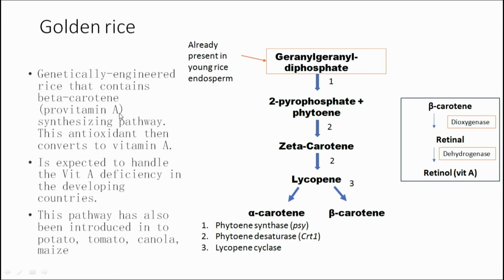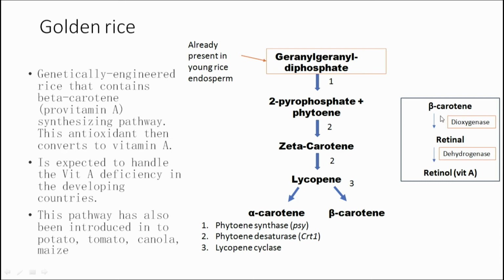There is a cluster of genes which is introduced into the rice crop, as a result of which it has the ability to make beta carotene. And then this antioxidant converts to vitamin A, and how it does that is explained in the box on the right.